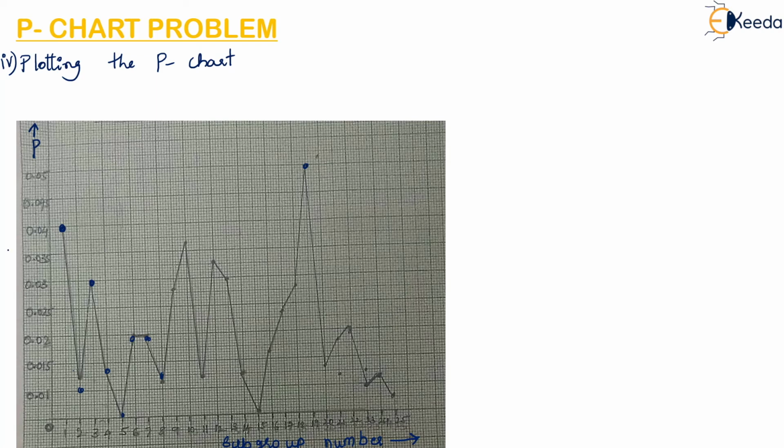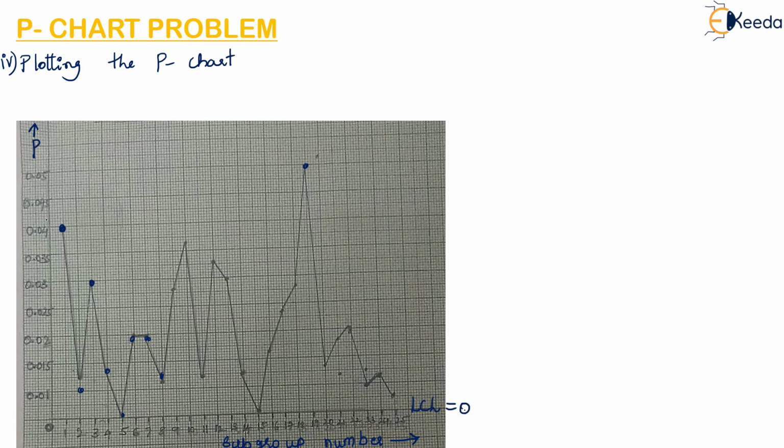Now, before we stop, we will check for the upper control limit and the lower control limit. We will mark the upper control limit and lower control limit. We have already seen that the lower control limit was a negative value, that is why we have taken it as 0. So this is the lower control limit, that is 0.